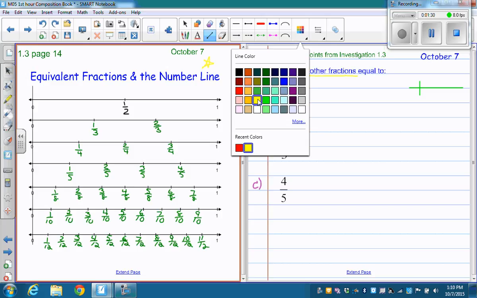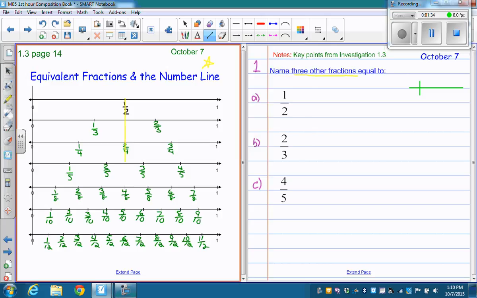For example, if I take this point 1/2 and I draw a nice straight line down, it crosses right over several other fractions. So since 1/2 lines up with 2/4 and 4/8 and 5/10 and 6/12, all of those are fractions that are equal to 1/2.